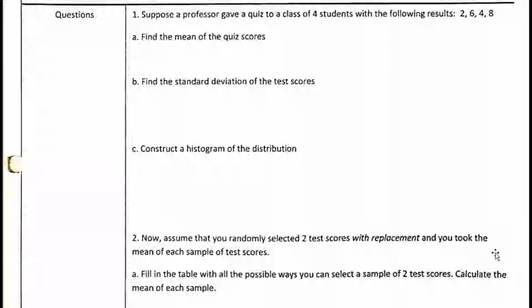So that's pretty straightforward. Since this is the population, we will call this sigma, right? Or I'm sorry, not sigma. We will call it mu. So we simply add the scores together and then divide by 4. And then we will get our result.